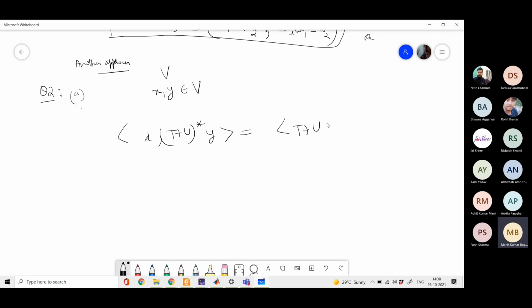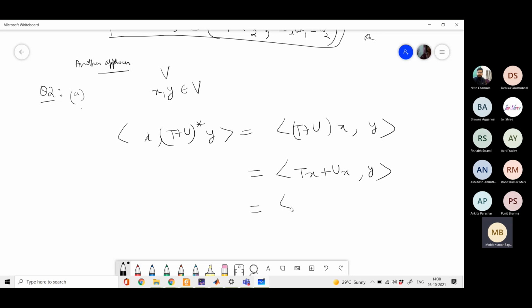This is the definition. Since T is linear and U is linear, T plus U is also linear, so you can write it in this way, Tx plus Ux, and using the property of the inner product you can split it.